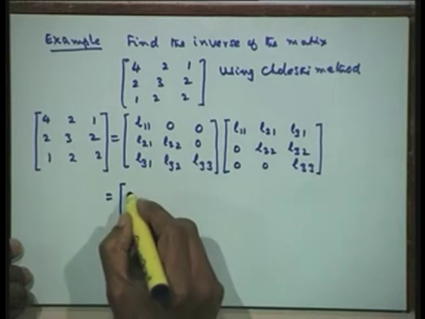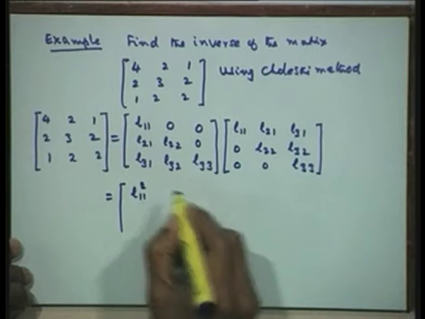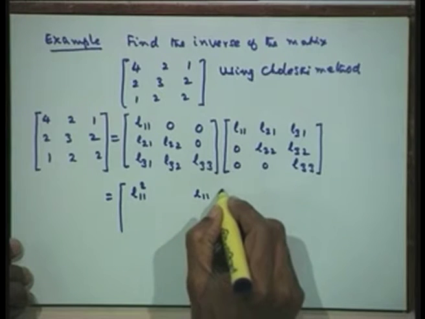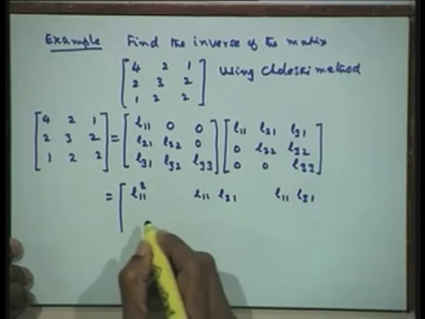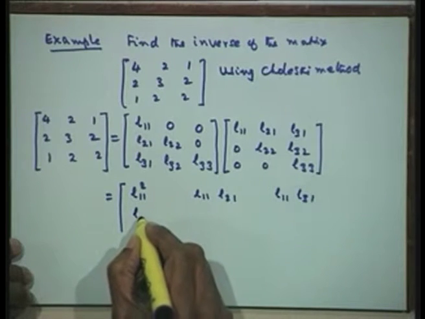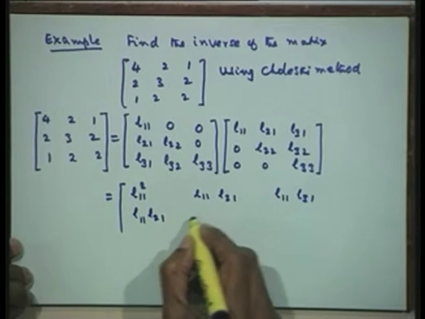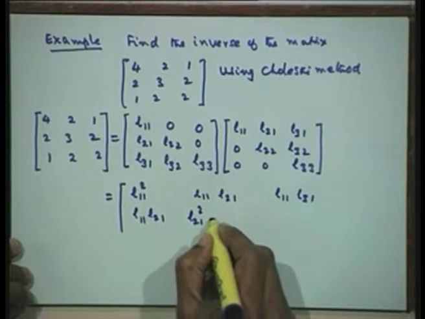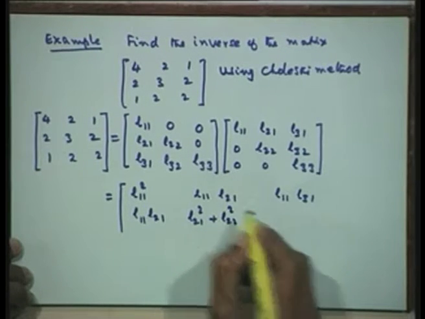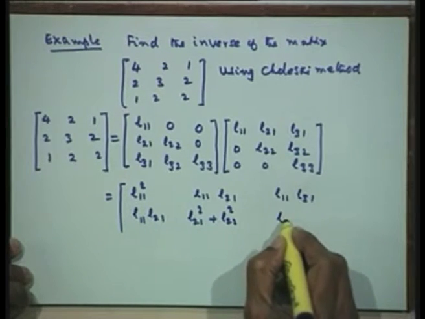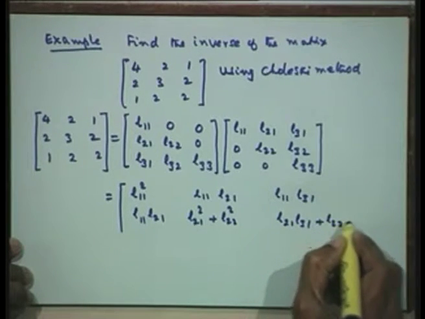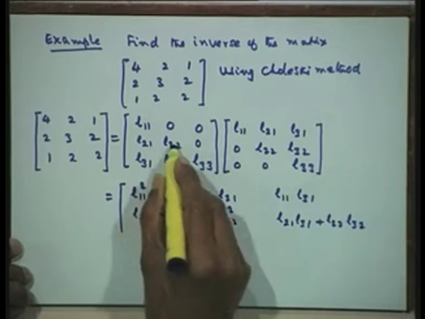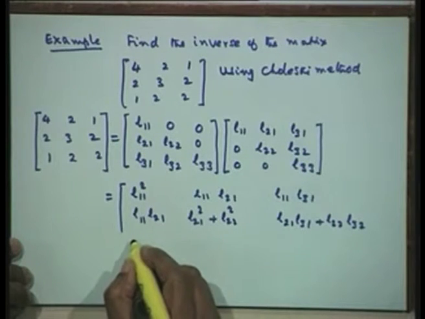Let us simplify it right here. Let us multiply it out. L 1 1 square, L 1 1 L 2 1, L 1 1 L 3 1. So we will have L 1 1 L 2 1, L 2 1 square plus L 2 2 square, then we have L 2 1 L 3 1 plus L 2 2 L 3 2, that is the product of second row third column.